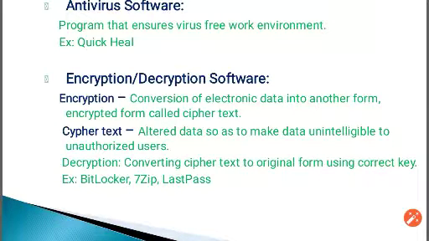What are the different types of encryption or decryption software we have? BitLocker, 7zip, then LastPass. All these are examples of encryption or decryption software.